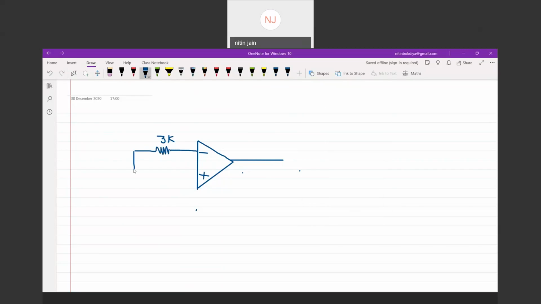We are having one source equivalent to 3 sine theta. Then we are having one ground.